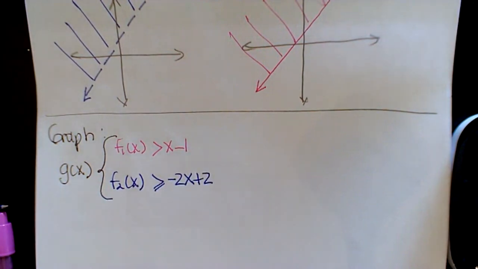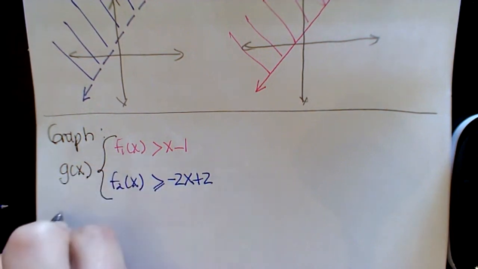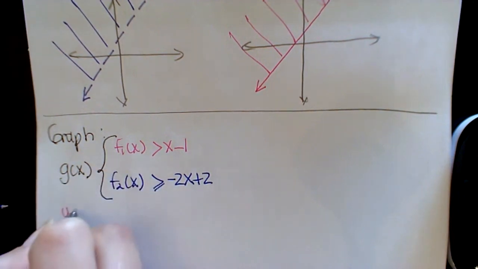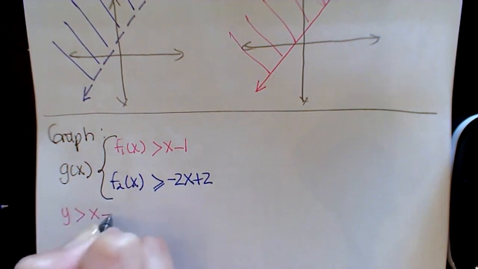Okay, so let's see what we have here. So the first one is going to be y greater or equal to x minus 1, right?